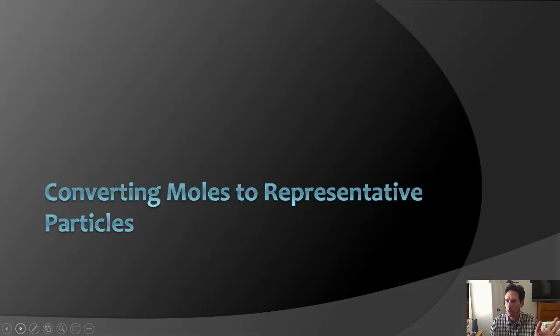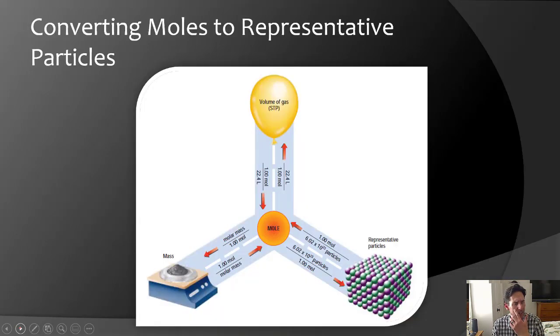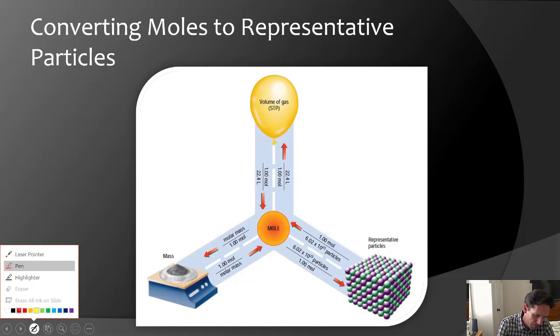We've ignored part of our little mole map here. And so what we're going to be looking at is converting moles to representative particles. Now, you're going to say, what's a representative particle? What do you mean by a representative particle?